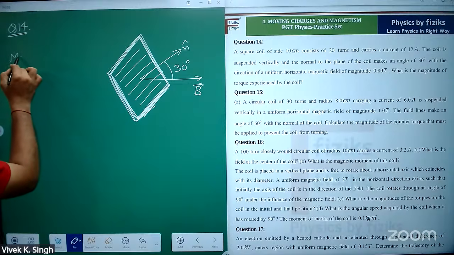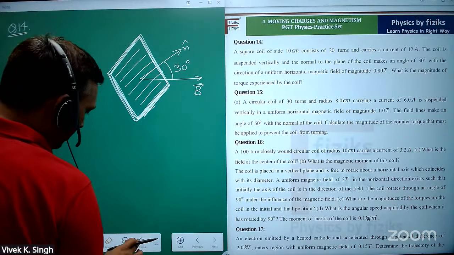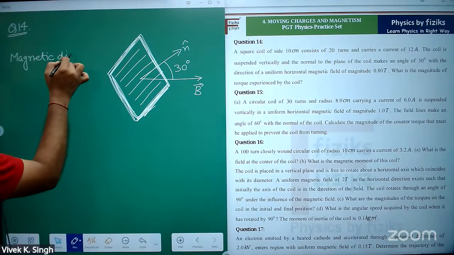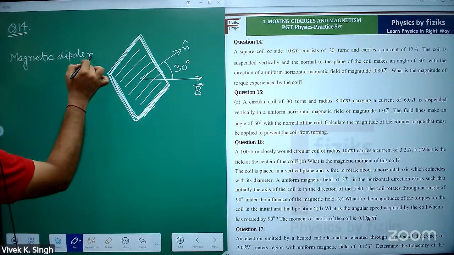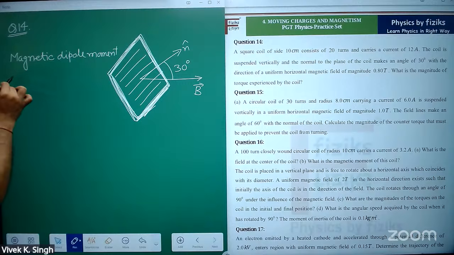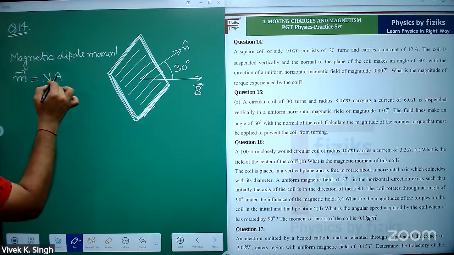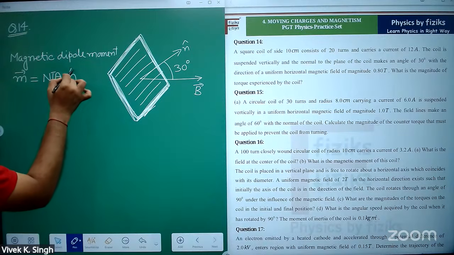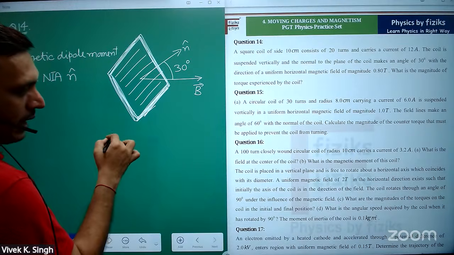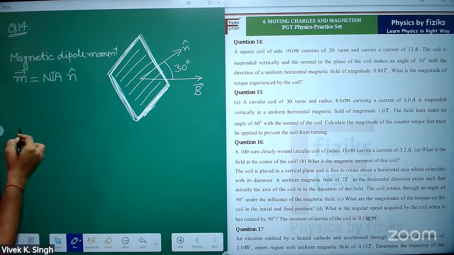Magnetic dipole moment M is given by NIA and direction is N cap. A is the area of the single loop. I is the current because there are N turns, so I'm taking it as NIA.